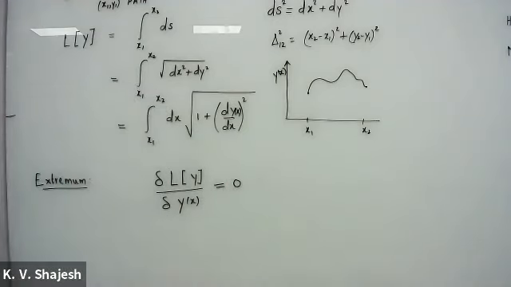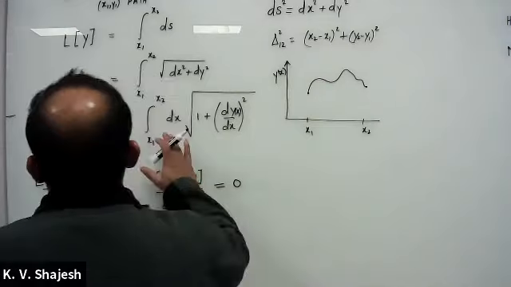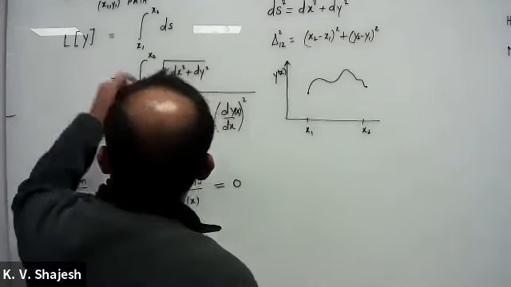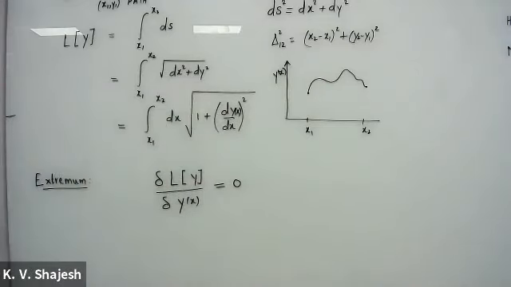Think of slope if you're thinking of it as a one-dimensional thing. But here we are saying this is a functional, in the sense that you make an arbitrary change in the function and that should be equal to 0. And that requires us to investigate what the functional derivative of this L is.